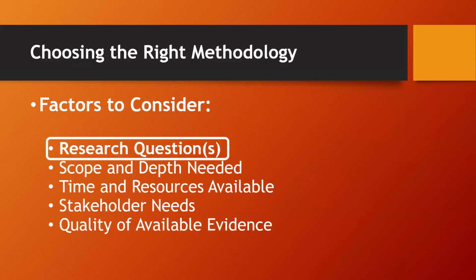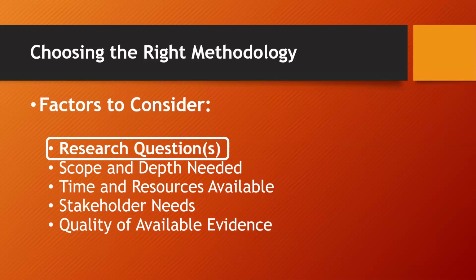So now I will discuss these 5 points. Which one to choose? We need to consider these 5 factors: research question, scope and depth needed, time and resources available, stakeholder need, and the quality of available evidence.